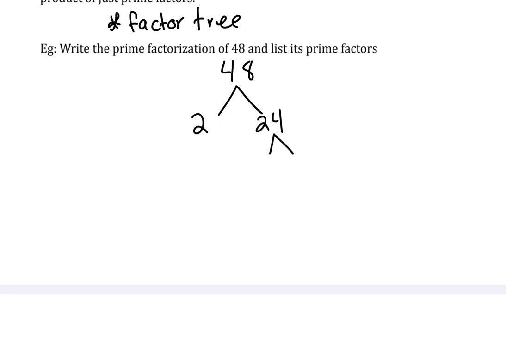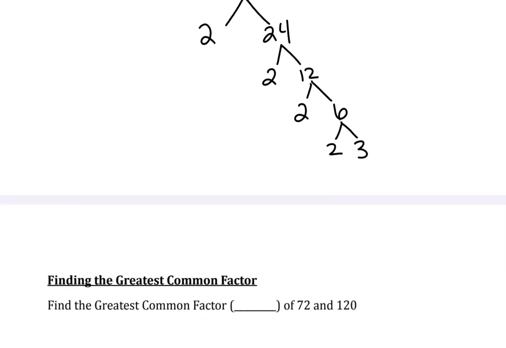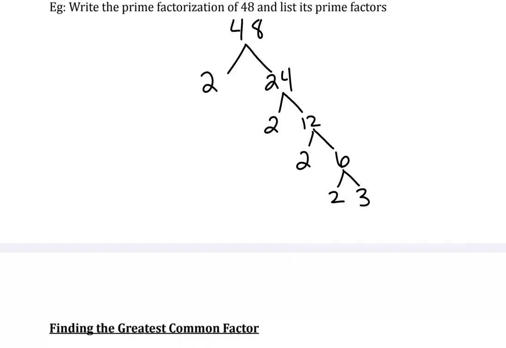I can say that is 2 times 12. And I can also break down 12. I can say that's 2 times 6. I can't break down the 2 anymore, but I can break down the 6: 2 times 3. So if I wanted to get a prime factorization of 48, we have four 2's.